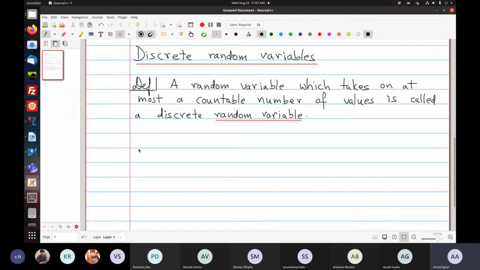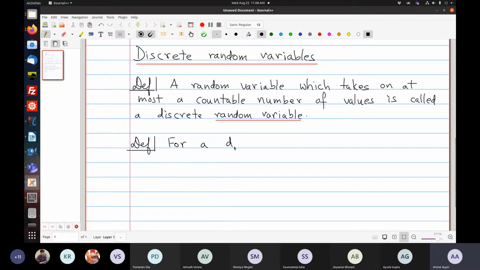For a discrete random variable, of course, as I said, the CDF describes the random variable completely, but there is something a little more fundamental which describes it, and that's what I'm going to define now.